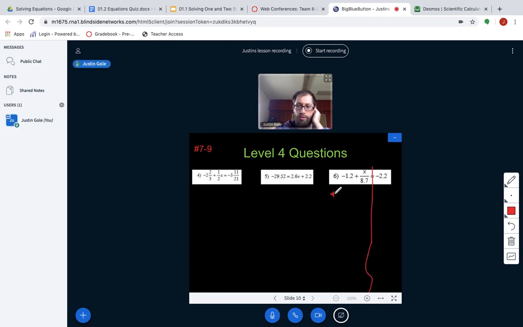Okay, good work trying. Thank you. I'm going to add 1.2. Do the opposite. Undo addition first to both sides. X over 8.7 equals negative 1.